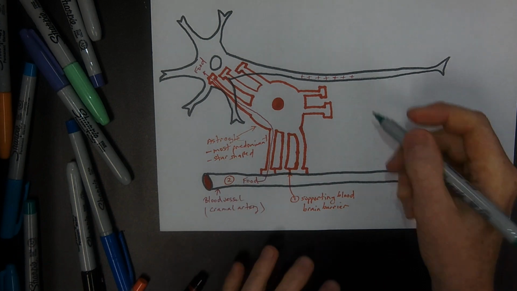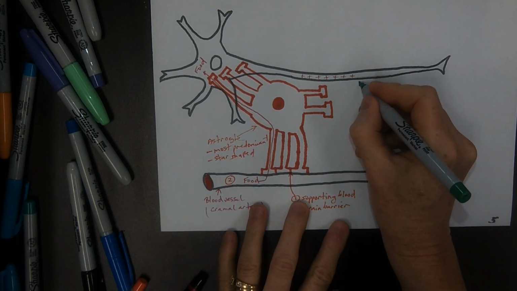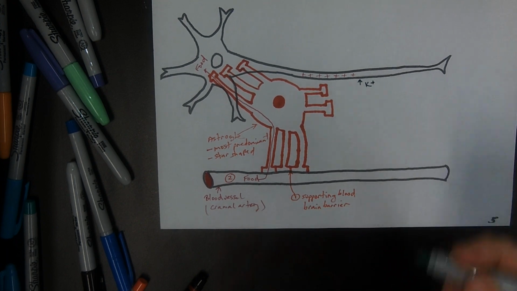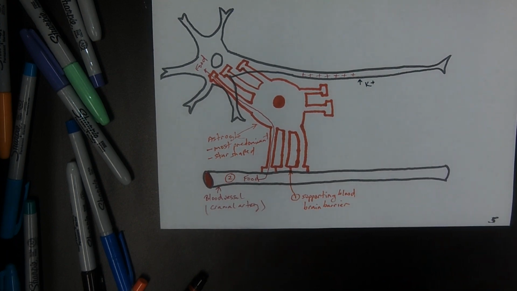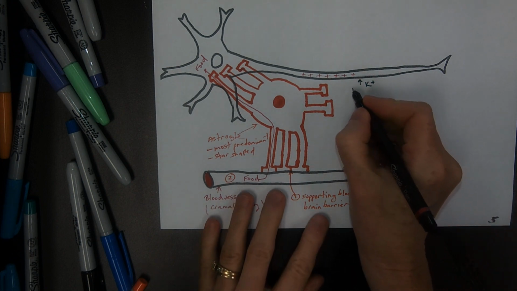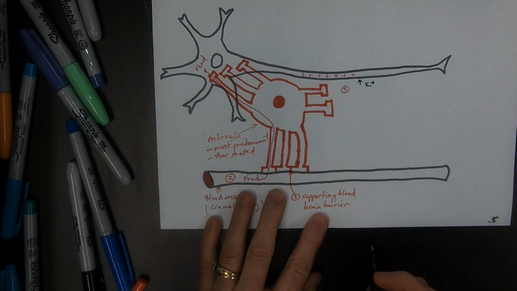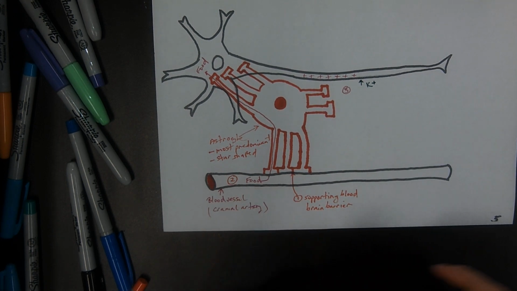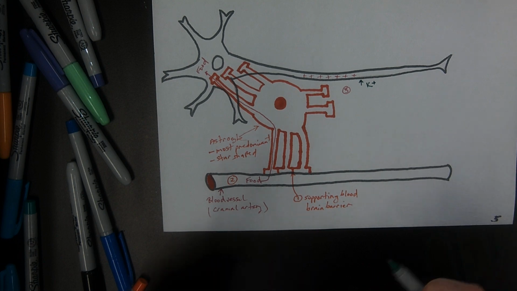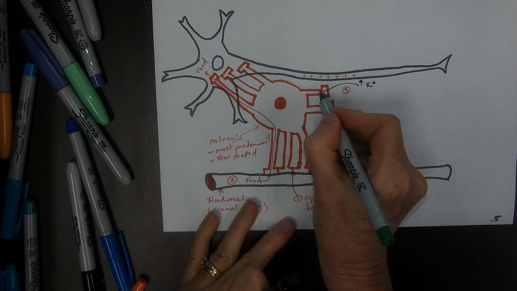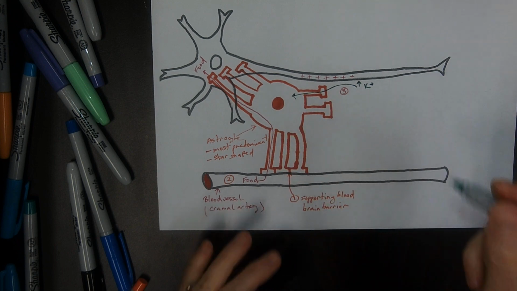So let's say we have an increase in potassium due to action potentials. A third function for the astrocyte is going to be taking up this extra potassium and help neutralize the extracellular environment.